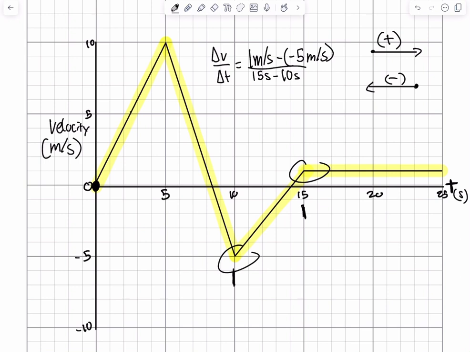Okay, 1 minus negative 5, that'll be a positive then. So 6 meters per second over 15 minus 10, 5 seconds. And you can keep this as 6/5 meters per second squared, or you can get the decimal, which is 1.2 meters per second squared.